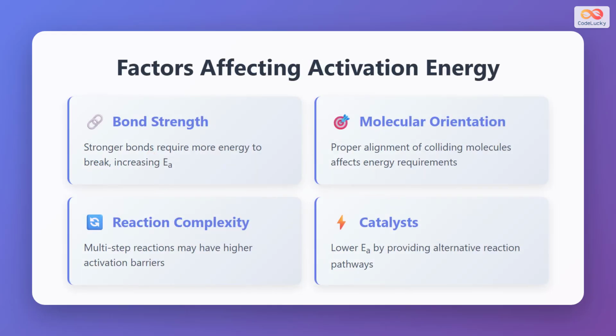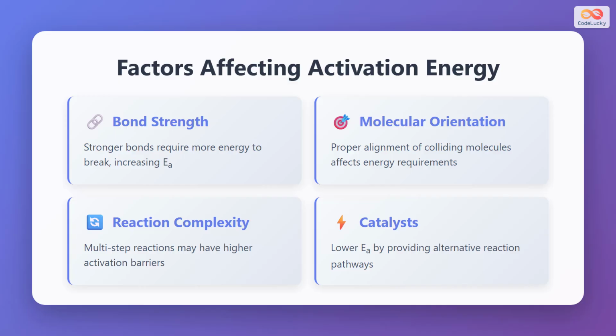Several factors determine the activation energy of a reaction. First, bond strength plays a crucial role. Stronger bonds between atoms require more energy to break, which increases the activation energy. Second, molecular orientation matters because molecules must collide in the correct alignment for bonds to break and form properly. Third, reaction complexity affects activation energy.